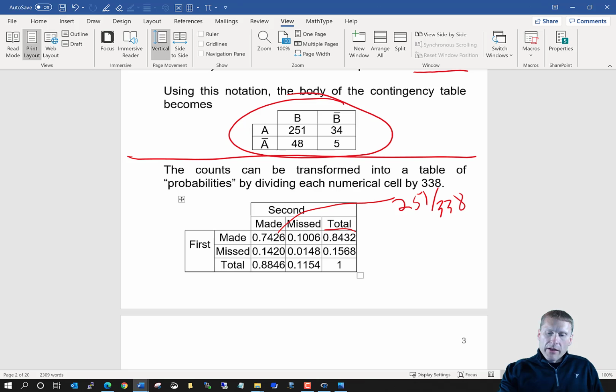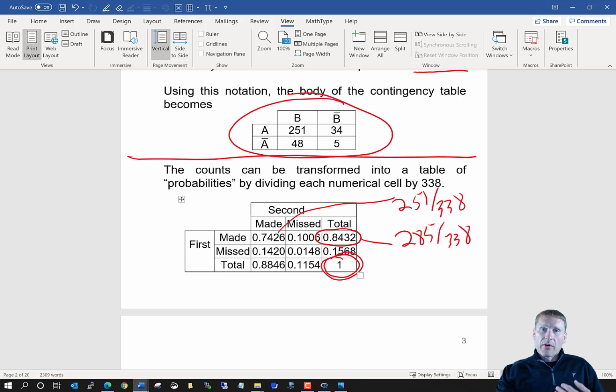Now over here on the margins of the table, what we have here is, well, regardless of what happened on the second attempt, what was the probability he made that first attempt? And in that particular case, that would be 285 divided by 338. Now notice right here in this table, we have the value of 1.